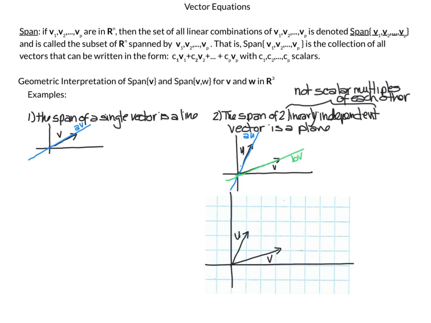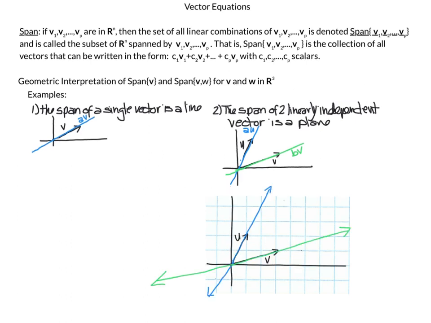So I'm going to use this drawing here to illustrate if I have a vector u and a vector v, it will span the entire plane. And if we're in 3 space and we have two vectors, the argument is the same. I'm going to extend u by all the scalar multiples of u. Again, that would be a line.